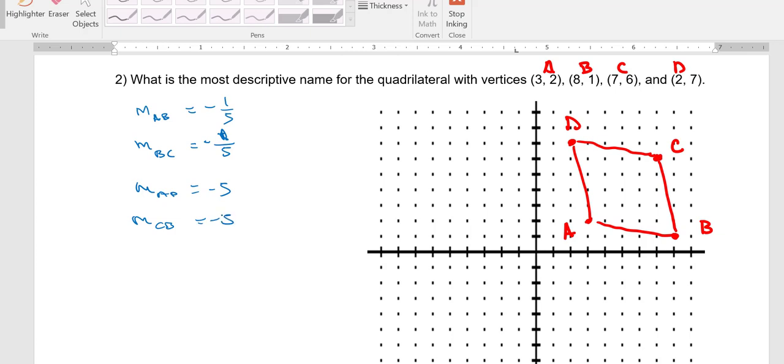And then from that, I can conclude that because I have congruent slopes, you have two pairs of opposite sides that are parallel, which means it's a parallelogram.